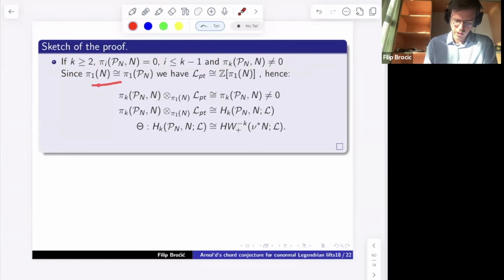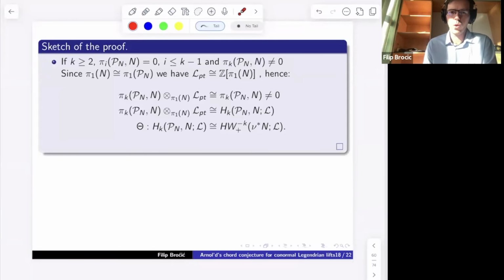Now, in this case, we already know that fundamental groups are isomorphic. As I commented, we know that it's injective, and since we pass to a high enough homotopy group, we know that it's surjective as well. And since they're isomorphic, we know that each fiber of the local system is isomorphic to the group ring of the fundamental group of the subspace.